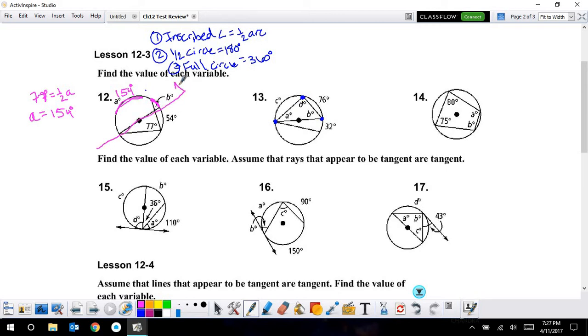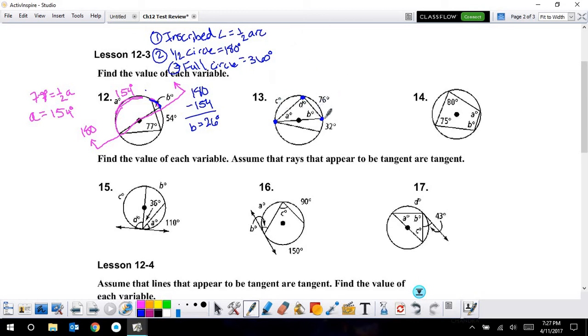So if I look above here, I know I need to have 180 degrees. I've already spent 154 degrees on A. So I need to subtract the 154 to see what's left for B, because that's the arc that's left in that half circle. Didn't need the 54 degrees.